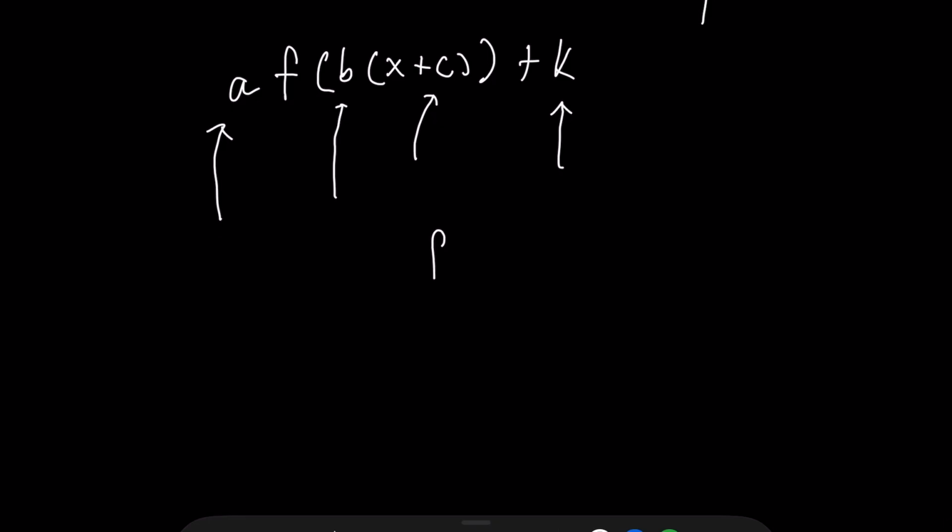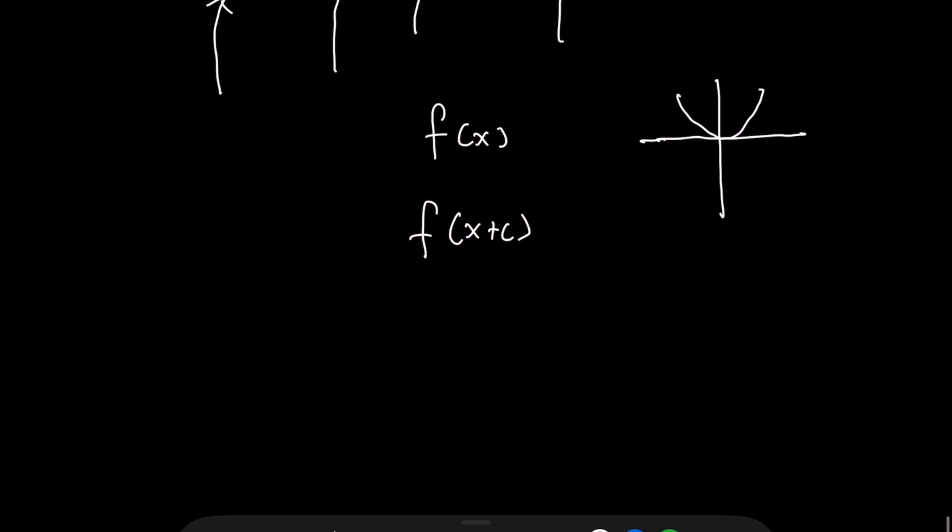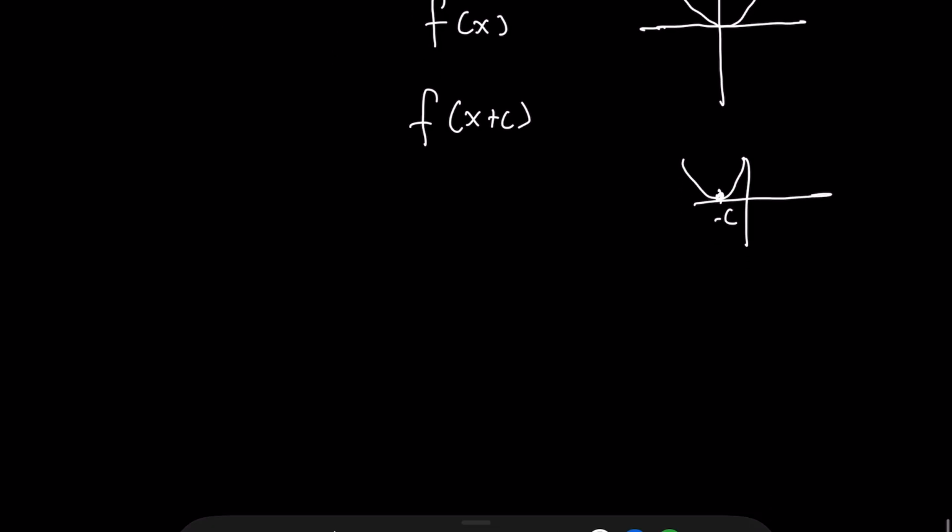So if I were to have some f of x, let's say it's at the origin, and I did this, I would actually move to the left by c units. So it'd be like this. I hope this is review.